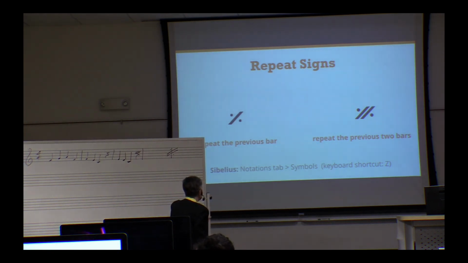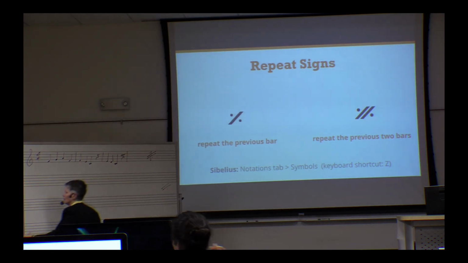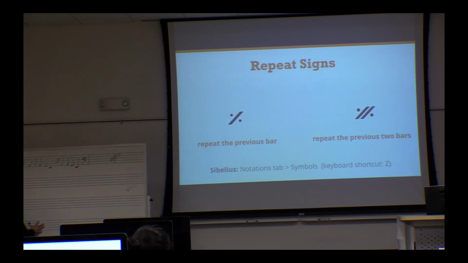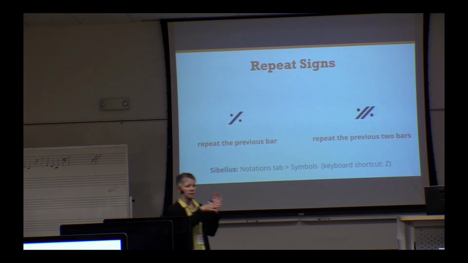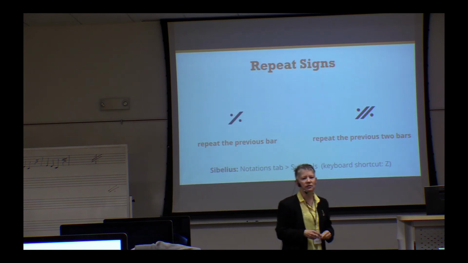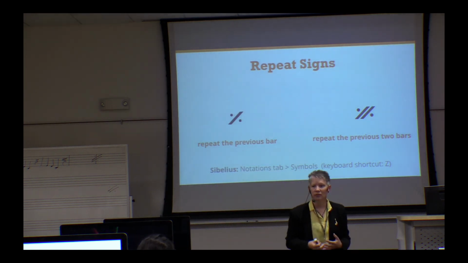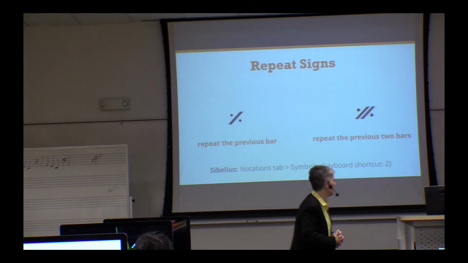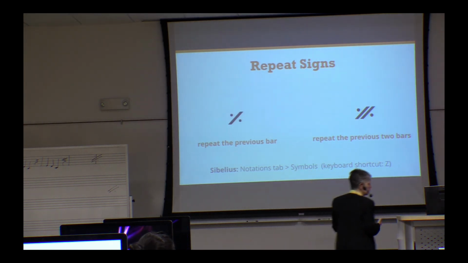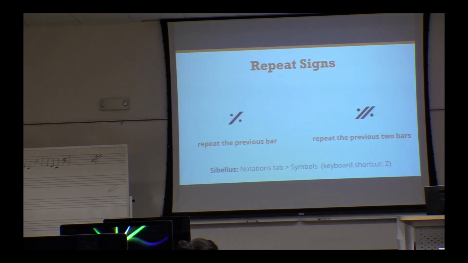You find it a lot of times in things like, if you've ever done musicals, a lot of times action takes place on the stage, and they just want you to repeat a couple bars until the actor gets from point A to point B, and you'll see things like that a lot. And it's used in all kinds of music, but in my experience, I've seen it a lot there.